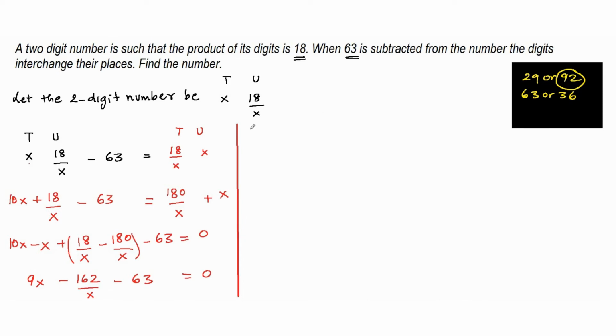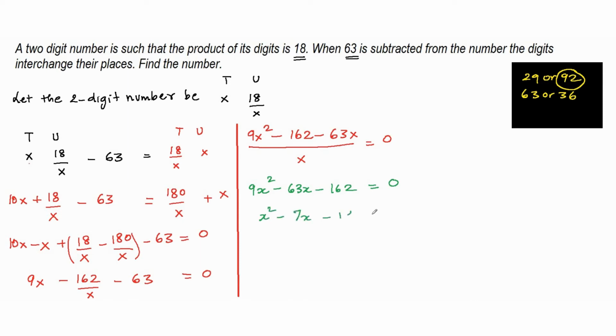The LCM is x, so you get 9x square minus 162 minus 63x divided by x is equal to 0. The x goes to the other side for multiplication. Therefore I get 9x square minus 63x minus 162 is equal to 0. Dividing throughout by 9, I get x square minus 7x minus 18 is equal to 0.